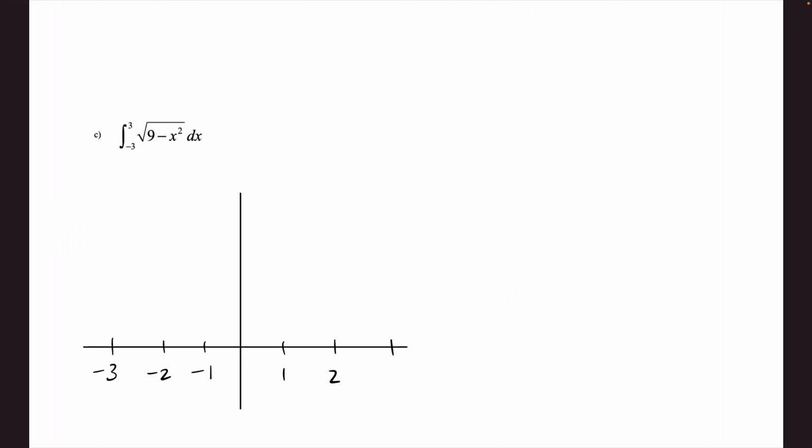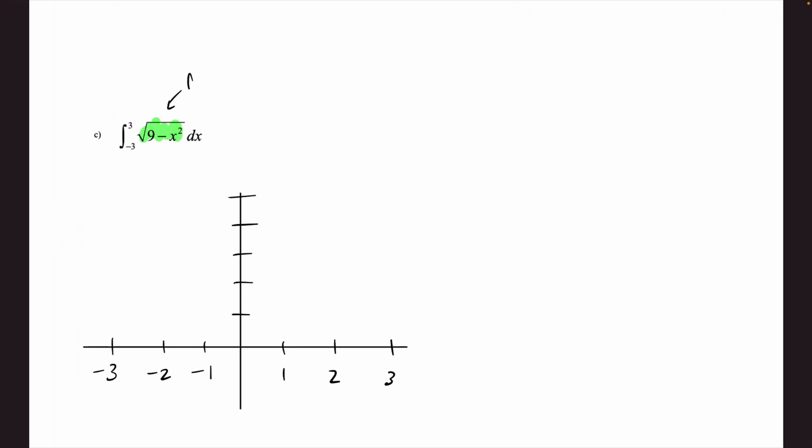So we need to go from -3 to +3. -3, -2, -1, +1, +2, +3. 1, 2, 3, 4, 5. Okay. So here's the function.